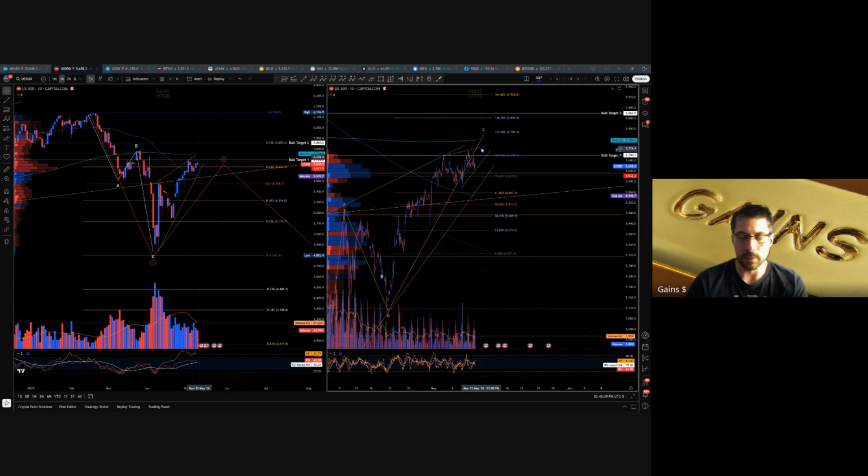You can see smaller ones, but a triangle is typically a means to an end for a lot of these patterns, especially if it's a B wave. Even if it did go higher, let's say almost 5800, I really don't see it going much higher than that, just because of all the sell delta up here.